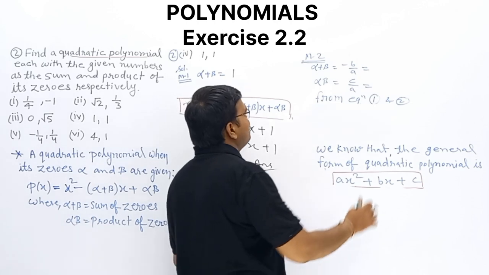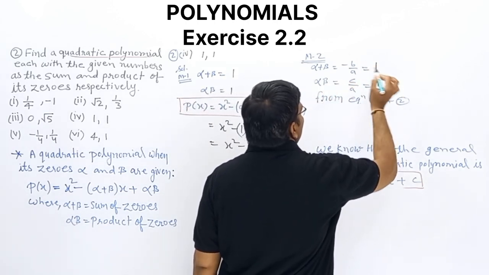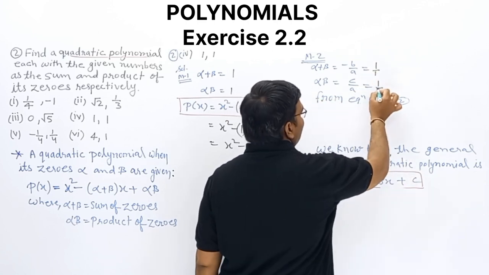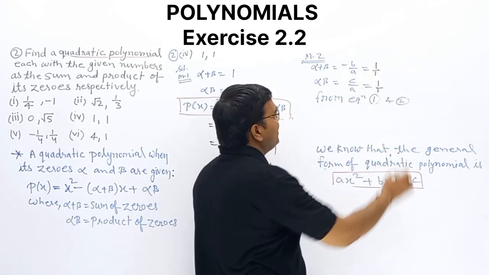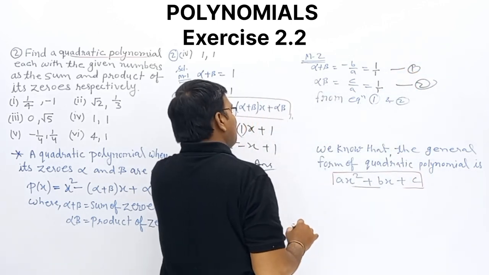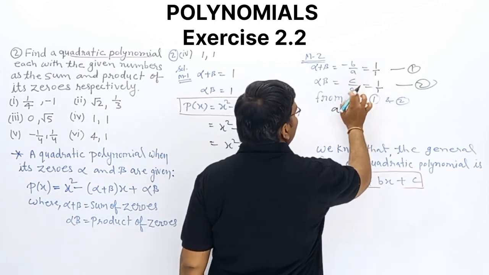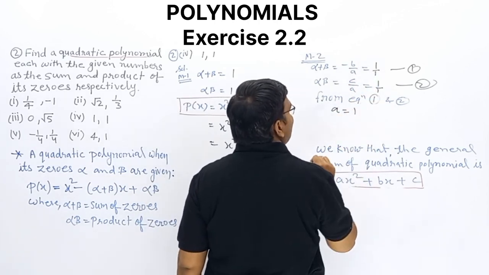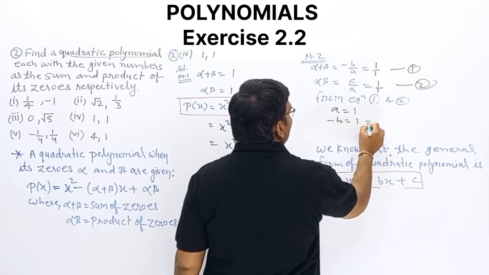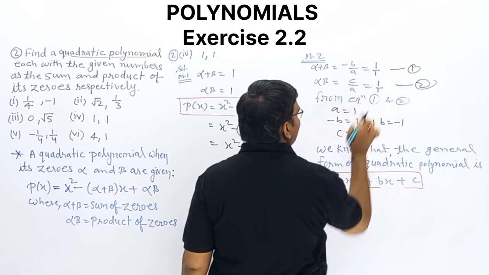Another method, how we will solve? We are having alpha plus beta equal to 1, and alpha into beta is also 1. In the denominator we are having 1, in which also we are having 1. Compare both equations. a is 1, so 1, minus b equals this one, so we can say b equals minus 1, and c equals 1.